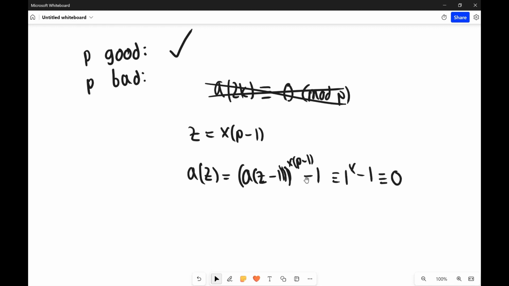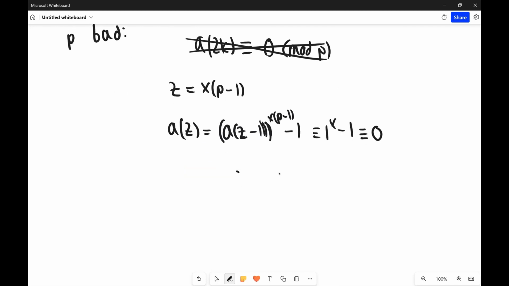Therefore, p divides a of z. However, since p is an odd prime, p minus 1 is even, and so z is even. But this means that the prime p is good by definition, which is a contradiction because we are dealing with p that are bad. Therefore, we must have that a of z minus 1 is equivalent to 0 mod p.